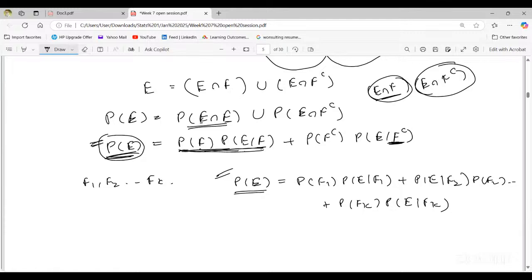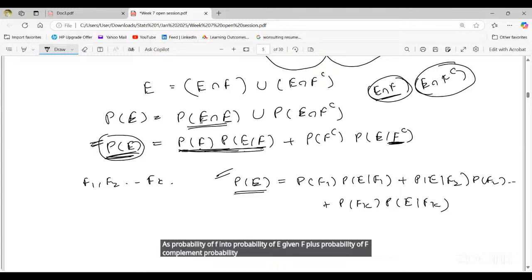So this is how I can write the probability of E as probability of F into probability of E given F, plus probability of F complement into probability of E given F complement.